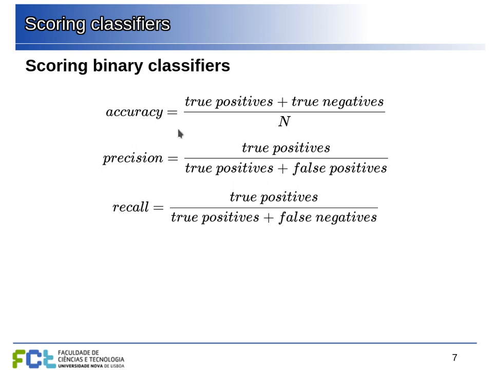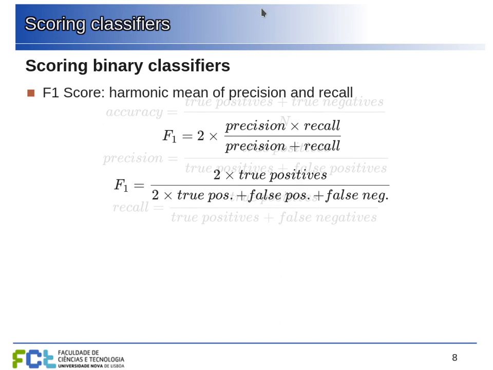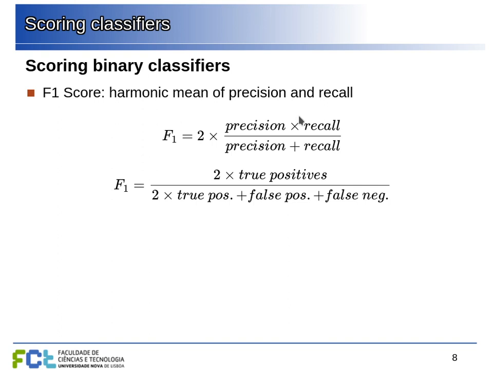So if you have a high precision, you can have confidence when the hypothesis tells you the example is positive. If you have a high recall, you can have confidence that the hypothesis is capturing all or nearly all the positive examples. So we can compute a harmonic mean of these two scores.